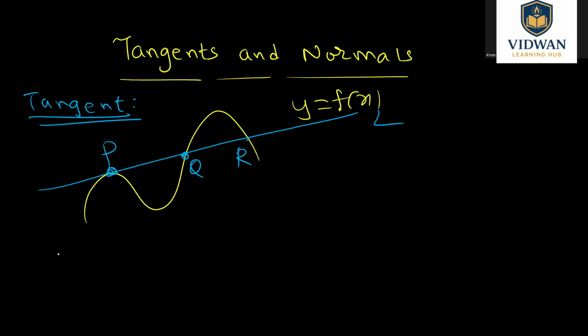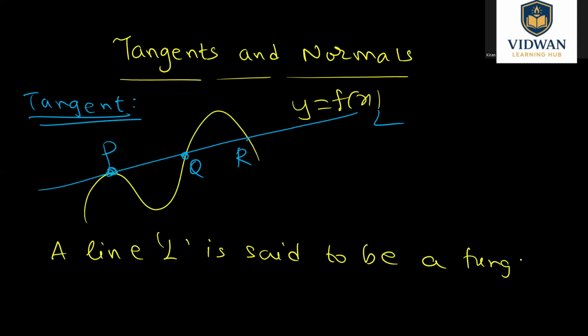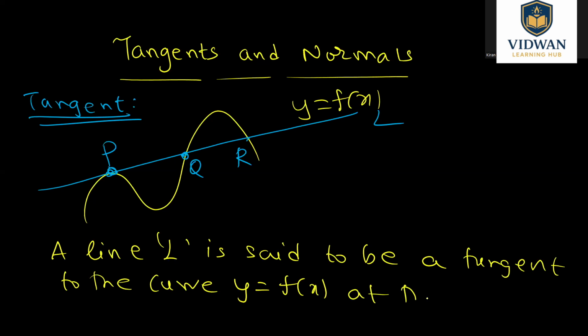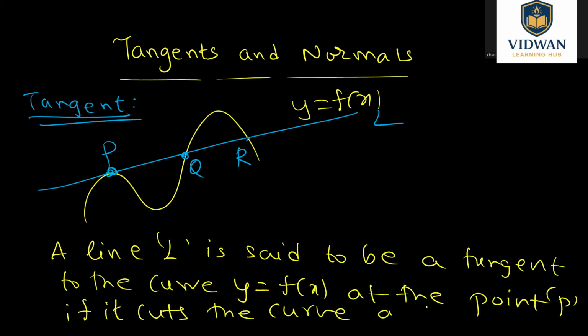A line L is said to be a tangent to the curve y equal to f of x at the point P, if it cuts the curve at a unique point in the neighborhood of P.